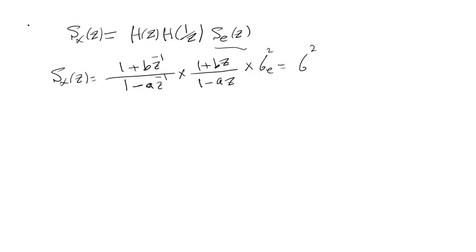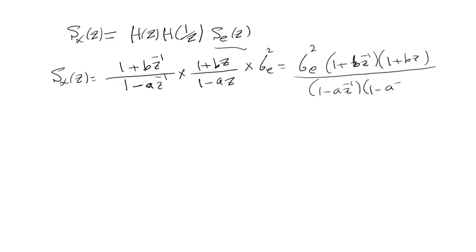So we have sigma squared e times (1 plus b z inverse)(1 plus bz) over (1 minus a z inverse)(1 minus a z).